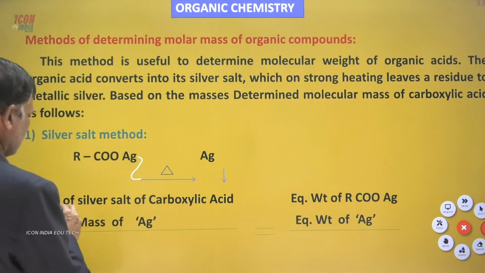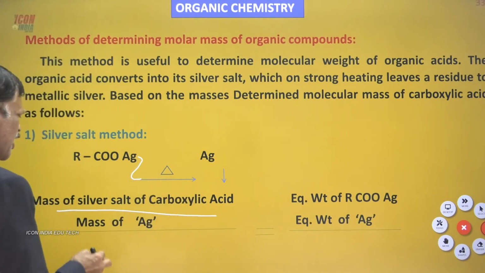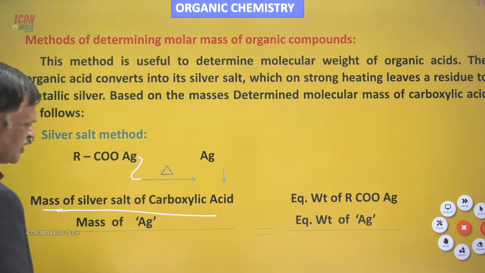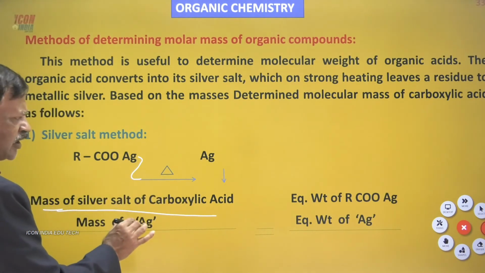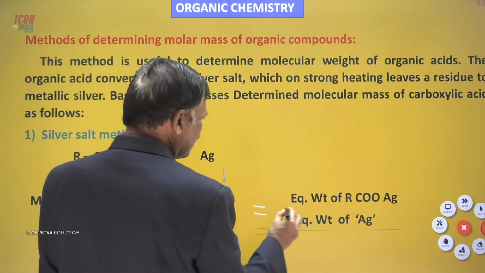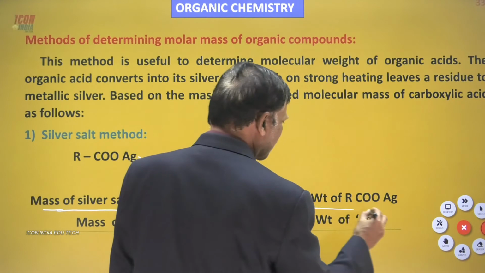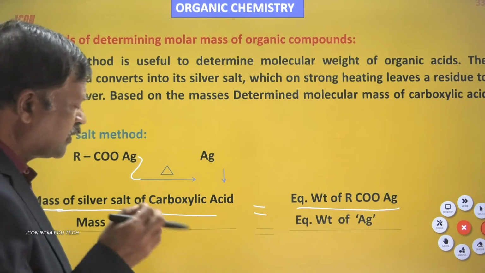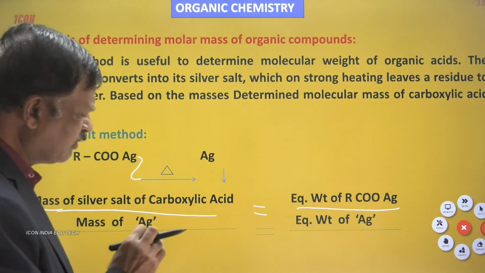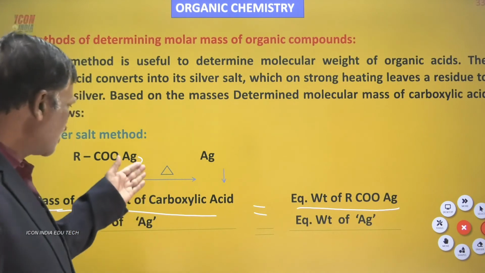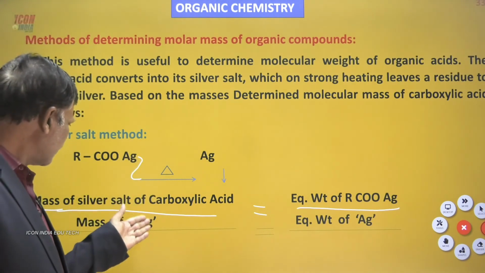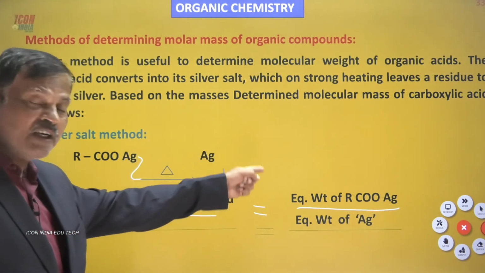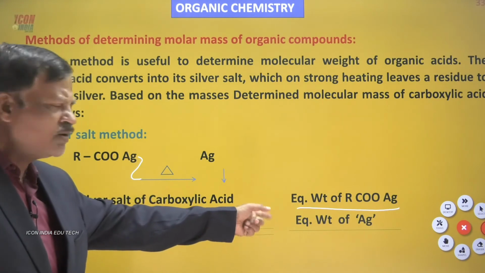Say, the ratio of mass of silver salt of carboxylic acid divided by mass of silver is equal to the equivalent weights ratio, that is equivalent weight of silver salt of carboxylic acid divided by equivalent weight of silver. That means here mass ratio of silver salt of acid to silver is equal to the equivalent weights ratio of silver salt to silver.